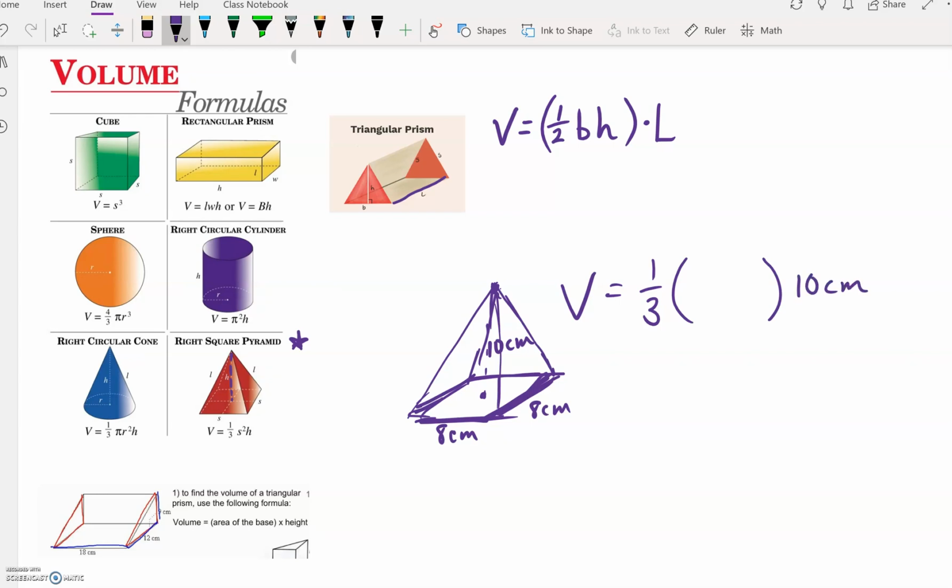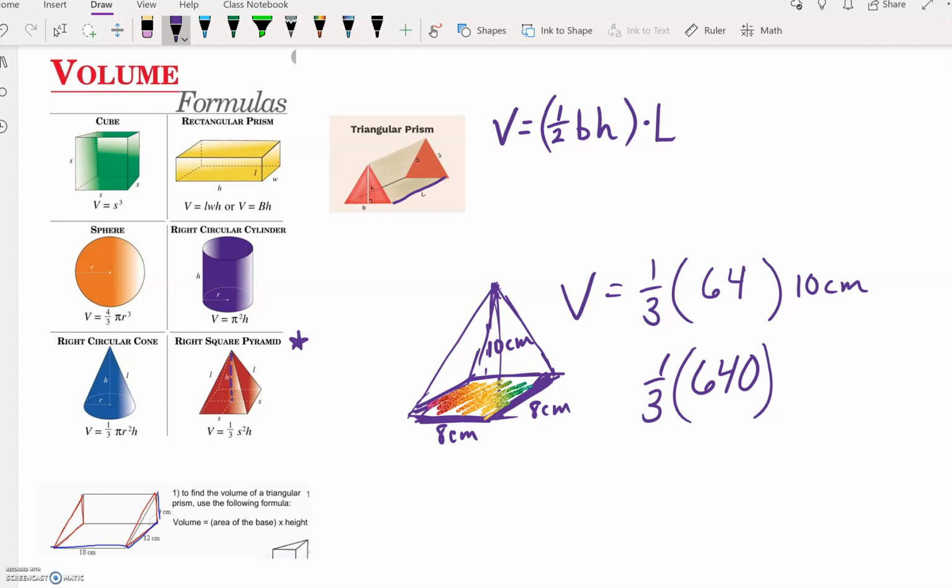The area of my base is going to be this 8 by 8 square. So I'm going to color in my base. That's the base of the pyramid right there that you see, the 8 by 8 square. So 8 times 8 is 64. 64 times 10 is 640. And remember, we're taking 1/3 of that, or dividing that by 3.